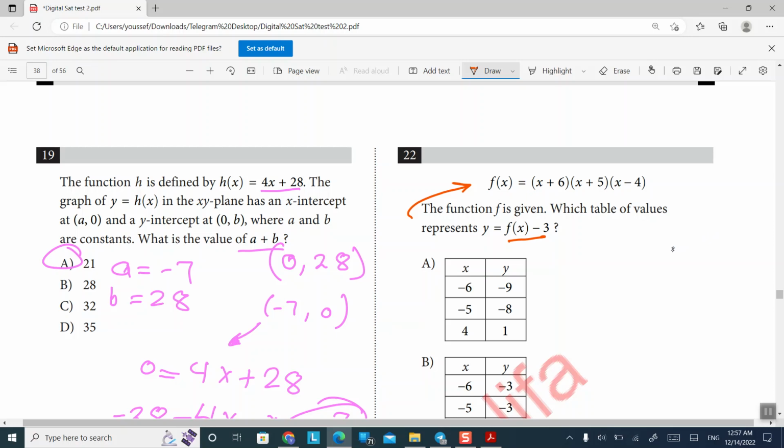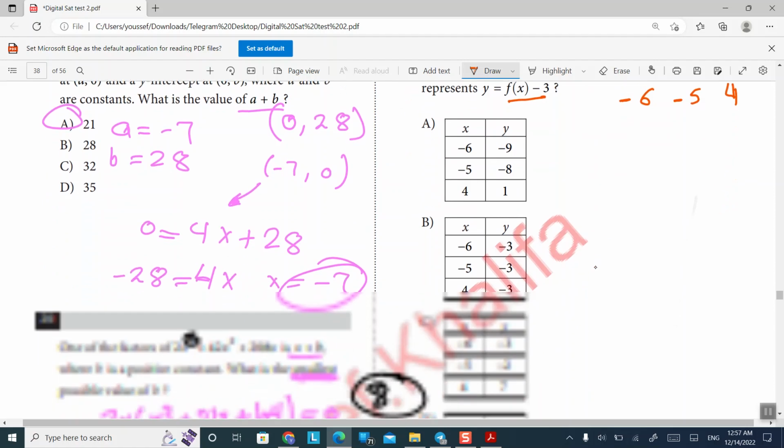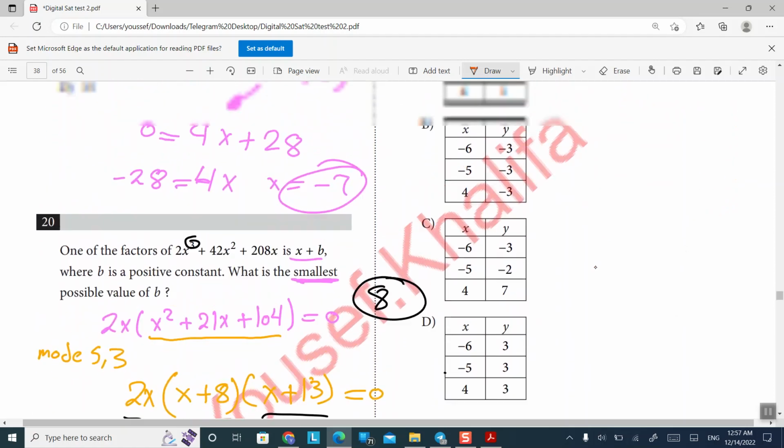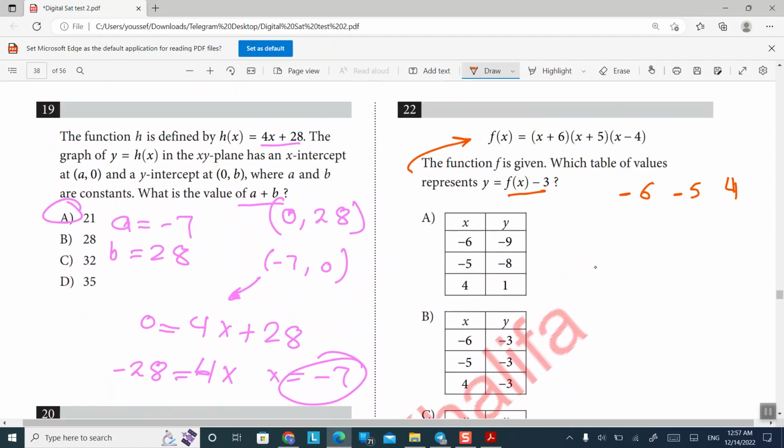So we have here the real solutions to the equation when x equals negative 6, negative 5, and 4. That effect will only show in the y values of the function.